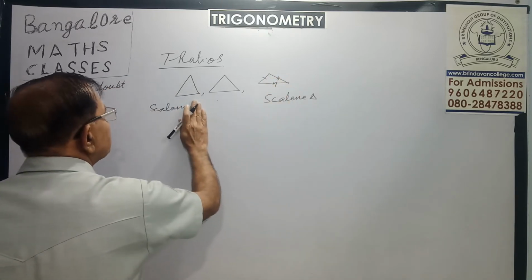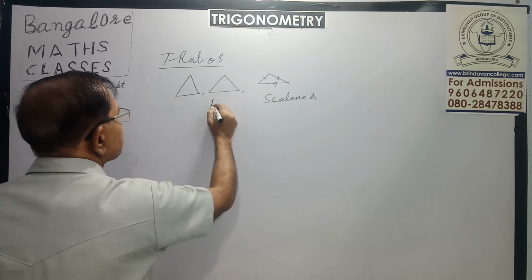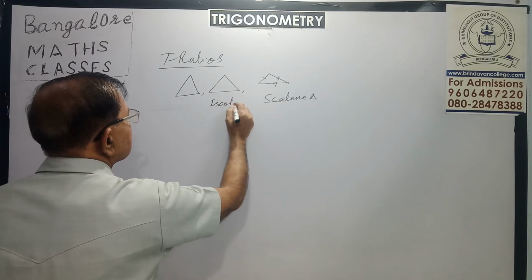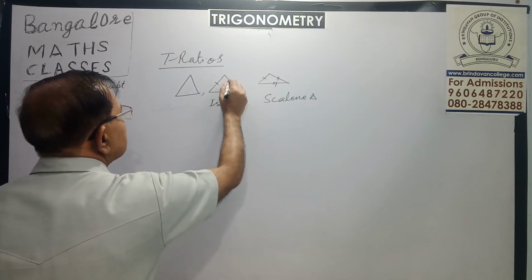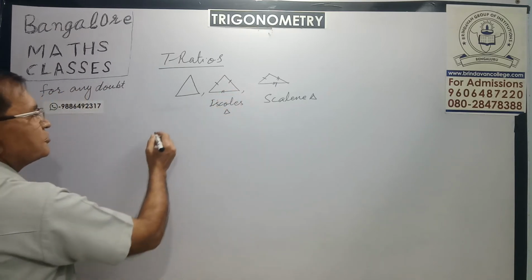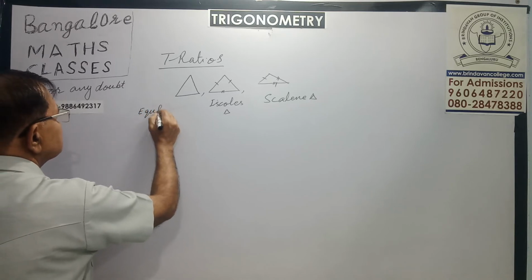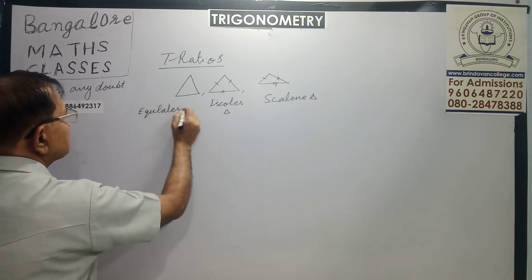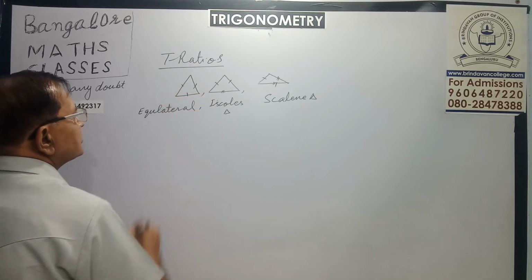Then comes out to be isosceles, where two sides are equal. Then comes out to be equilateral, where all three sides are equal.